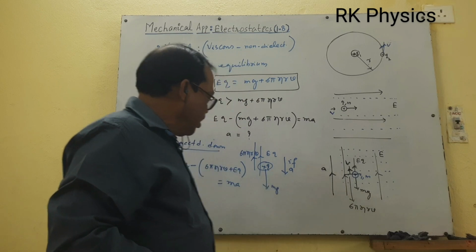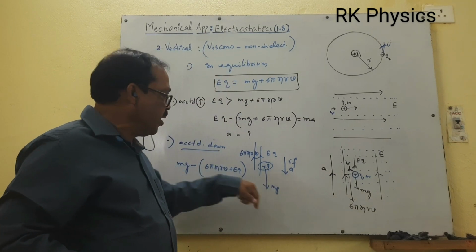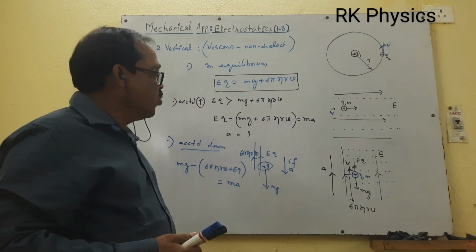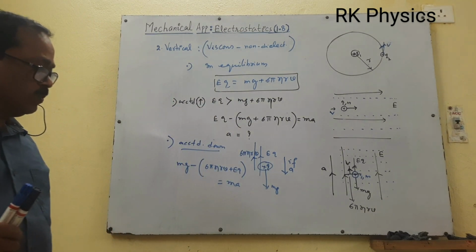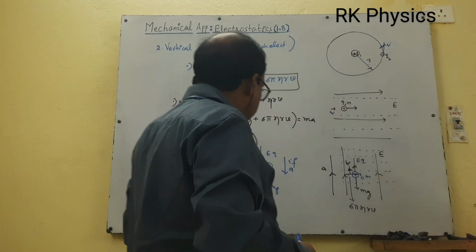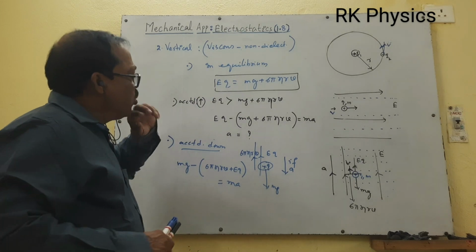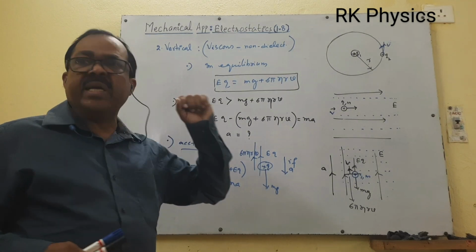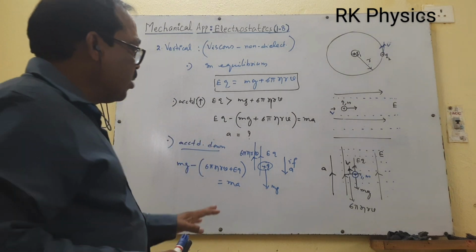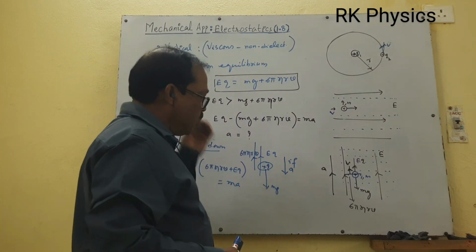If acceleration is along down, the viscous force is again in the opposite direction. Accordingly you can design this equation. Once you are able to calculate the acceleration, it is possible to calculate various other properties.